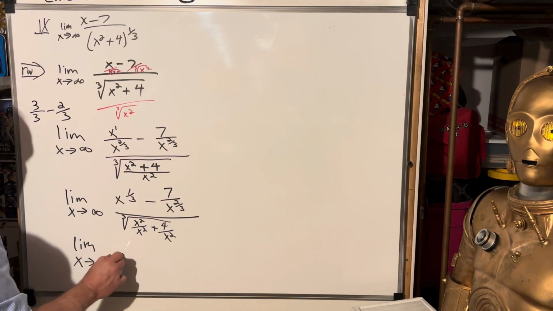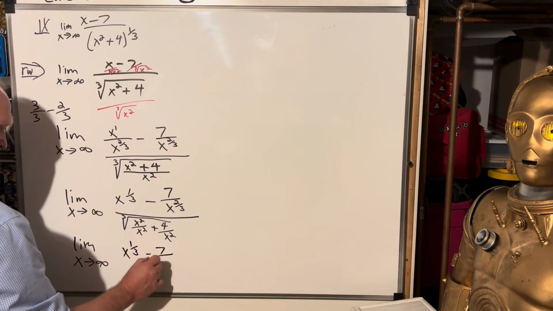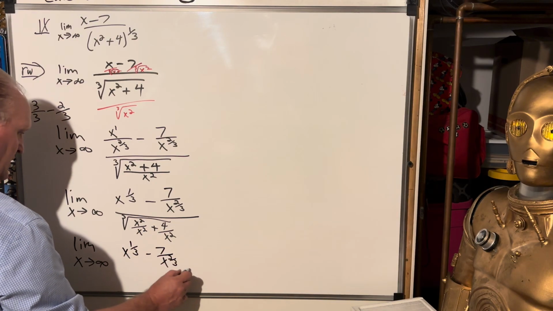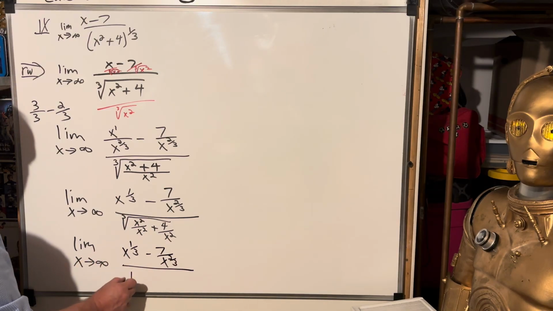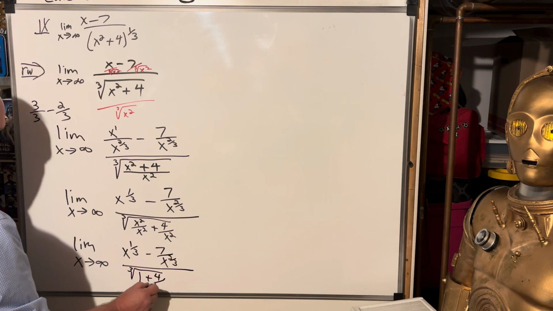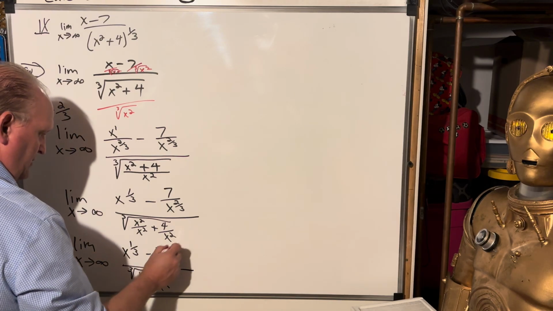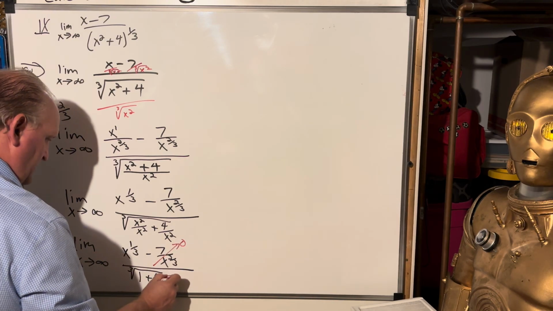All right, so now what do we have? We have x to the 1/3 minus 7 over x to the 2/3, over the cube root of 1 plus 4 over x squared. Now let's go with infinity. This is going to go to 0. This is going to go to 0.